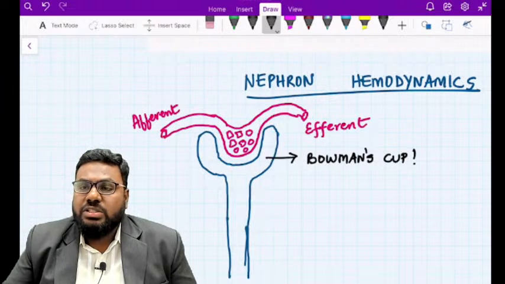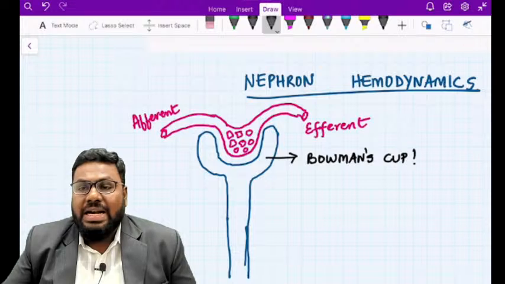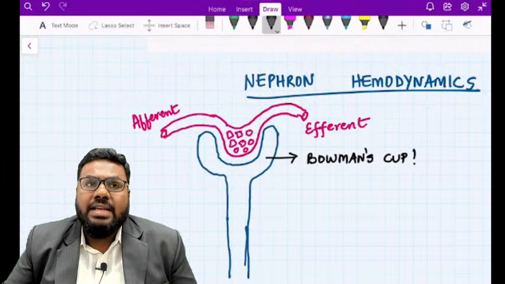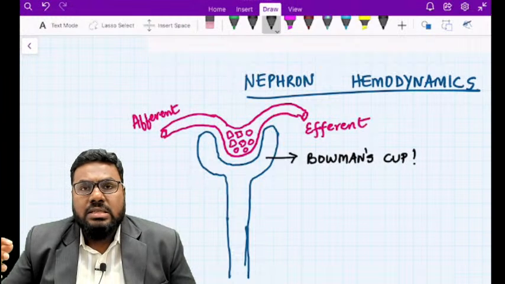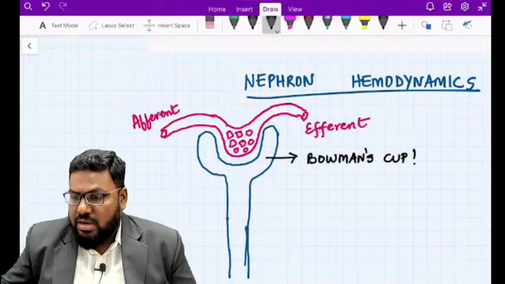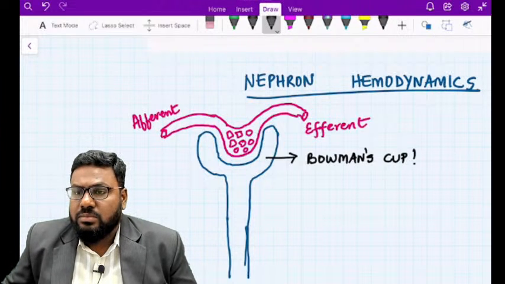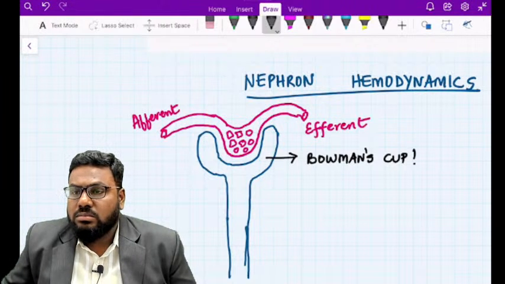The four important functions of kidney include: one is filtration, second is reabsorption, third is secretion, and fourth one is excretion.